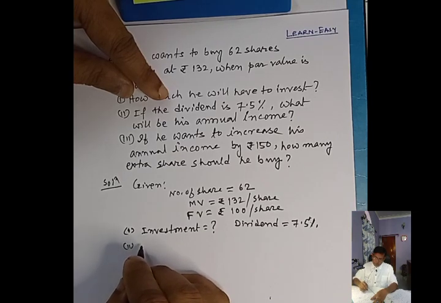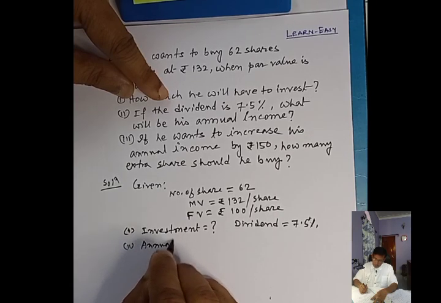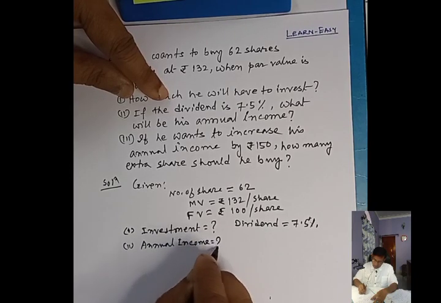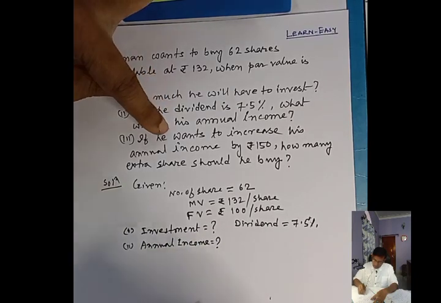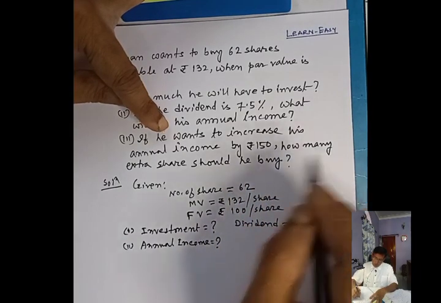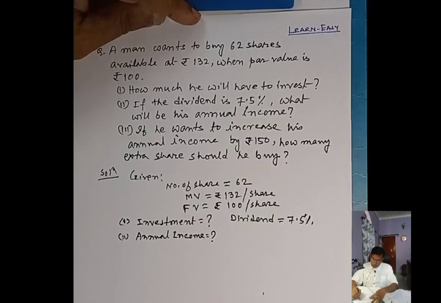Number 2, annual income. If he wants to increase his annual income by rupees 150. Okay, let us first solve this 1 and 2.